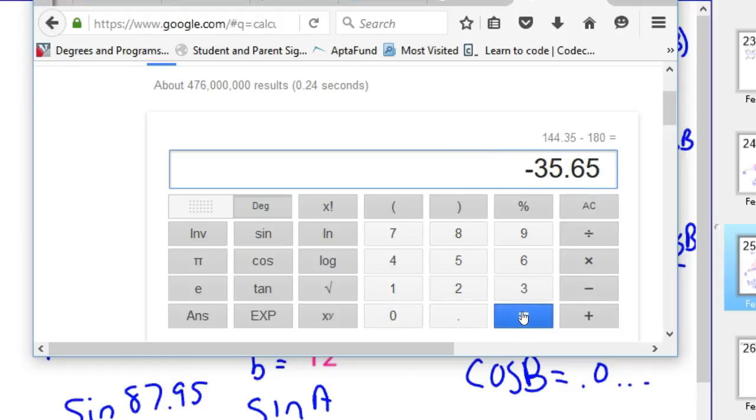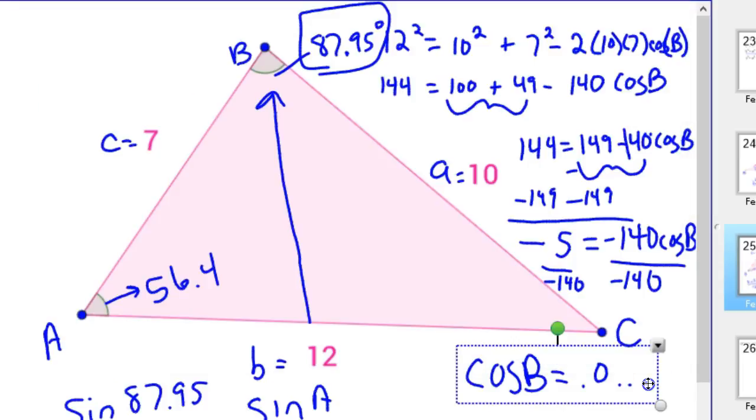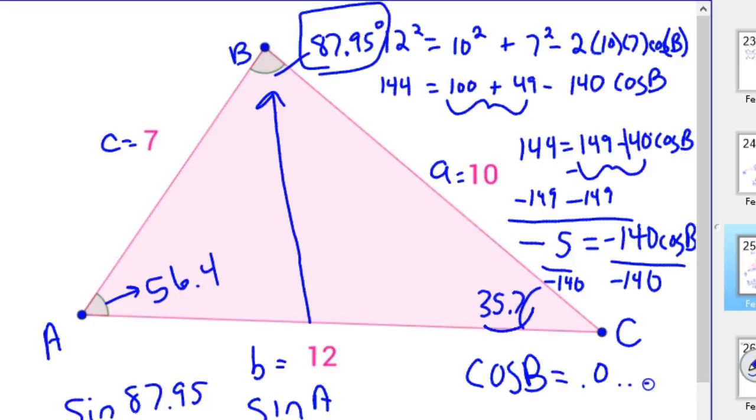And so 35.65. And so that is angle C, or 35.7. Really, probably at this point we need to start rounding these.